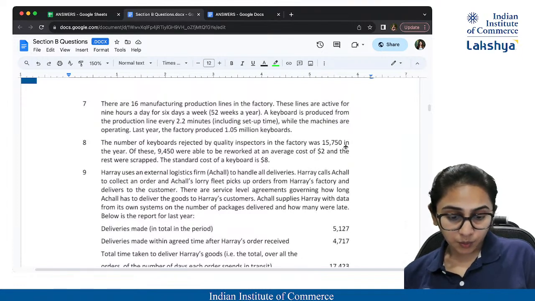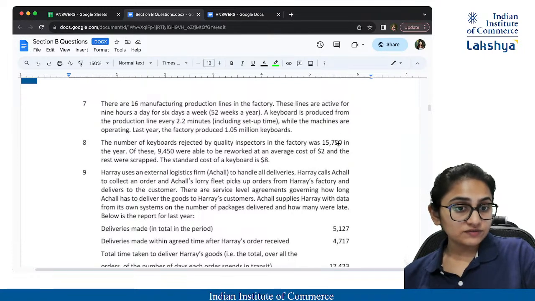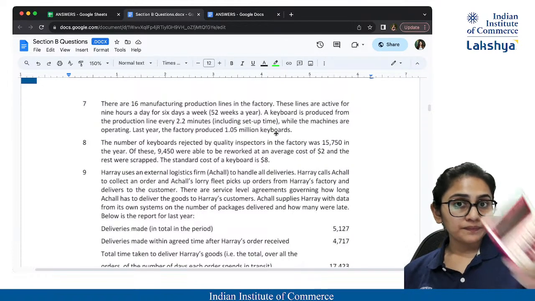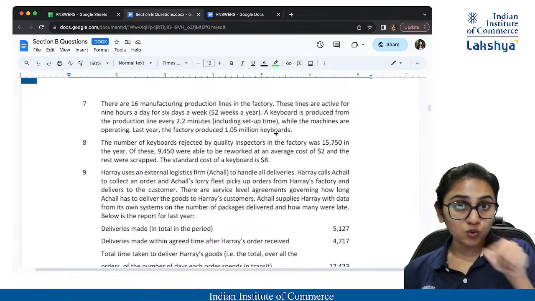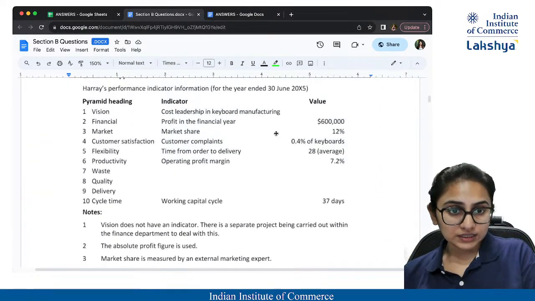We get 1.5%. Out of the total that was produced, 1.05 million, 15,750 was faulty. But look at this. This is in millions, this is not in millions. So first you convert this in millions or you take this in millions. So when you do faulty divided by total, you get the fault to be 1.5%. Okay, so the fault is 1.5%, but out of the faulty of 1.5%, only and only 0.4% were returned. So you write it down there.